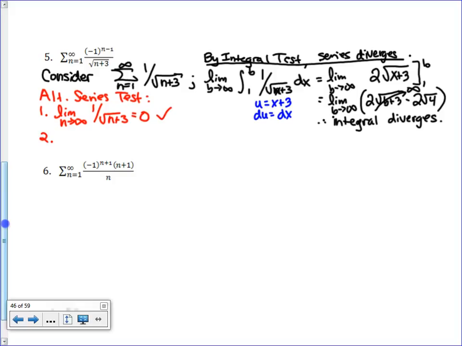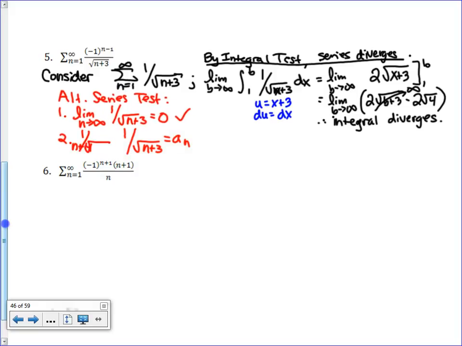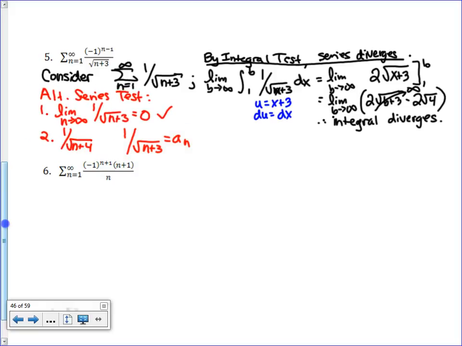And then a sub n plus 1 is 1 over the square root of n plus 1 plus 3, which would be n plus 4. Yeah, it's going to be less than, right? Because the denominator is bigger. So then that's good.